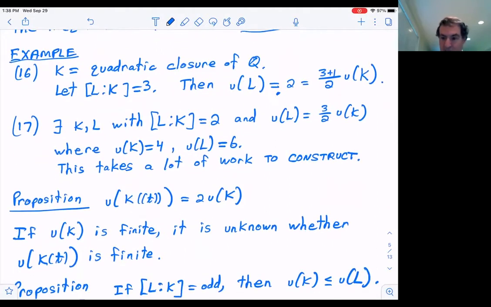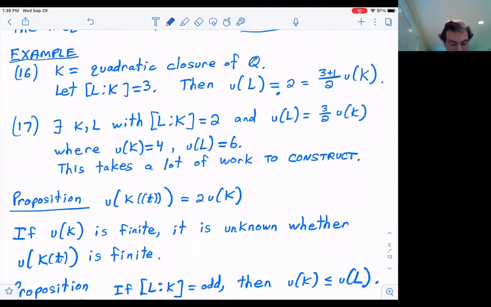Now, I want to give some other examples here. Time is going by quickly, so I should speak quickly. The U invariant of a power series field. So K((T)), that's the fraction field of the ring of formal power series. It's known that the U invariant doubles here.